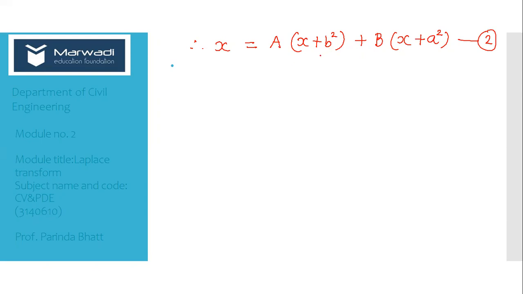We are getting the values of capital A and B. x equal to minus a square.